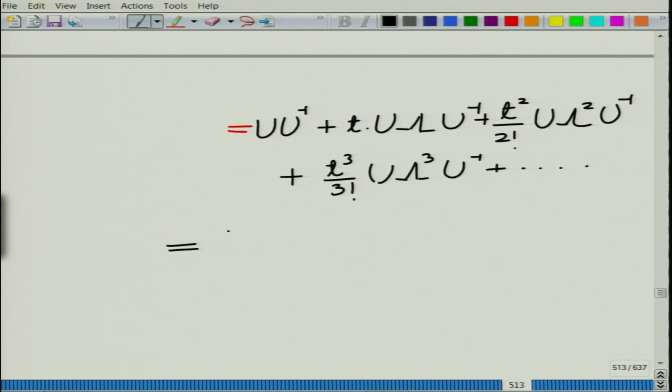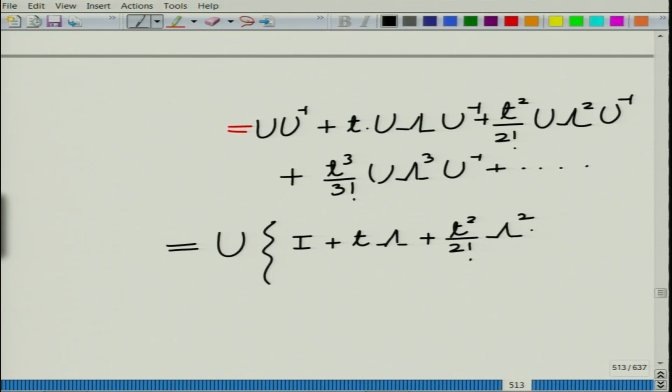So, net, this is going to be U times I plus t lambda plus t square by 2 factorial lambda square plus t cube by 3 factorial lambda cube plus so on, times U inverse.